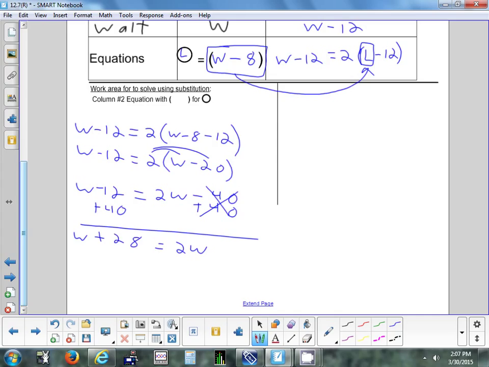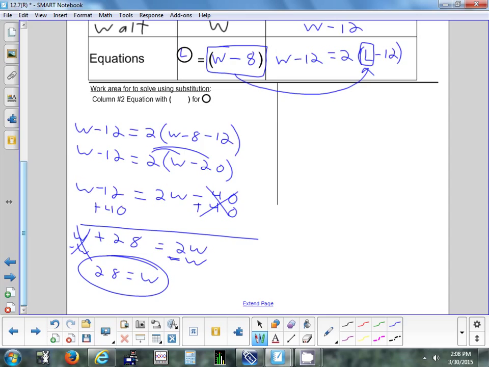Okay, and my last step. Sam, what do I do for my last step? Good, minus W. Minus W. And what's, Isaiah, what's 2W take away 1W? Just W. So now we've got Walt's age.